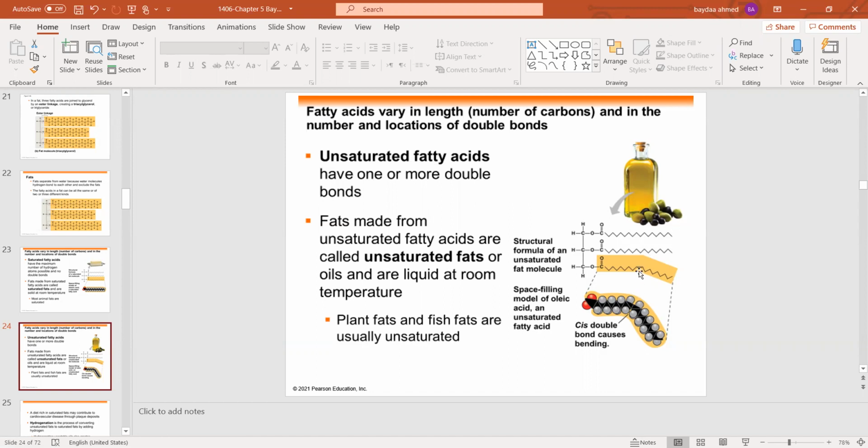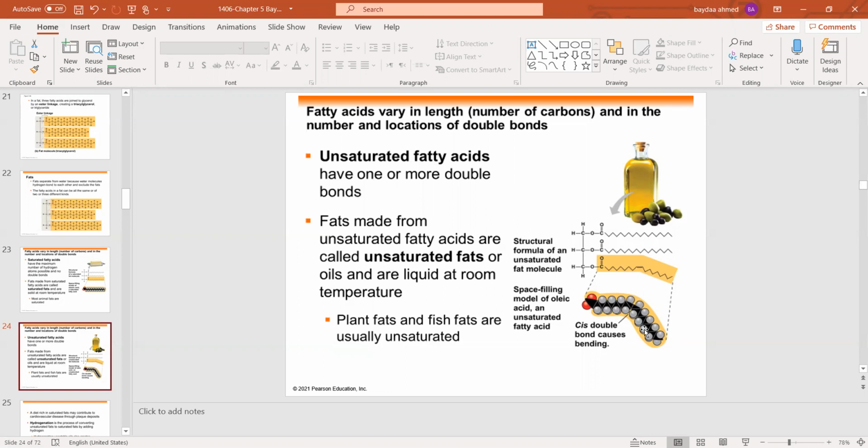We call this the kink because of the kink in their fatty acid hydrocarbon chain, and that's why they can't pack closely together. Nearly every double bond in naturally occurring fatty acid is a cis double bond, which creates a kink in the hydrocarbon chain.